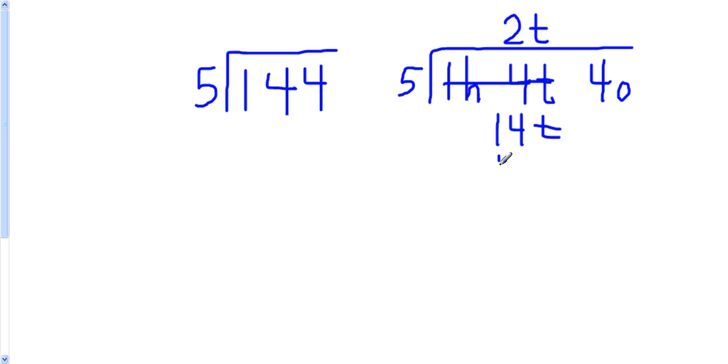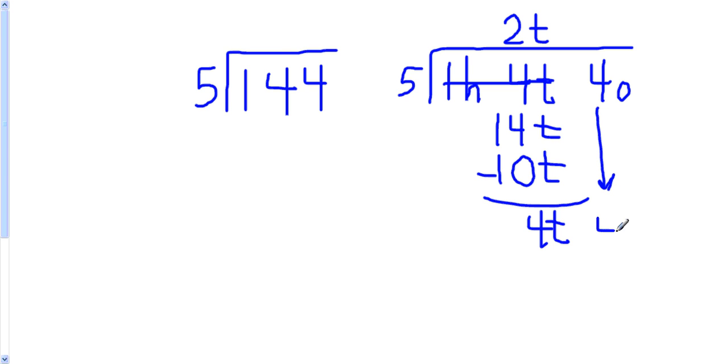2 groups of 10 with 5 kids is 10 tens. I'm going to subtract. I have now 4 tens remaining, with these 4 ones. 4 tens remaining cannot be split up between 5 children, so I'm going to regroup and break apart those 4 tens into 40 ones, and I have 4 ones still, so now I have 44 ones. 5 groups that I'm going to share, 44 ones.